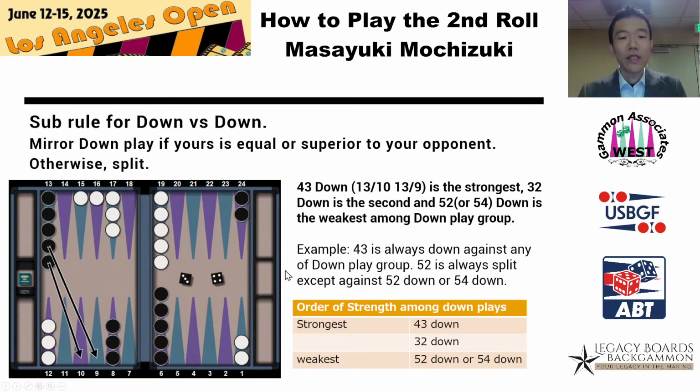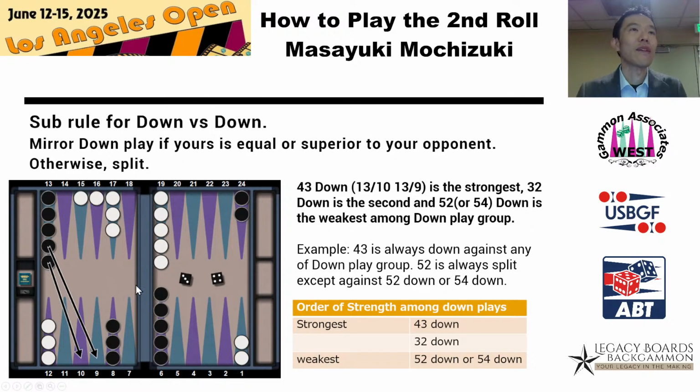Actually, if you rolled the same strength or stronger 2 down, you should mirror the play. But if you have an inferior 2 down, for example, he rolled 4-3, which is the strongest, so the only chance that you should also play 2 down is when you roll 4-3.